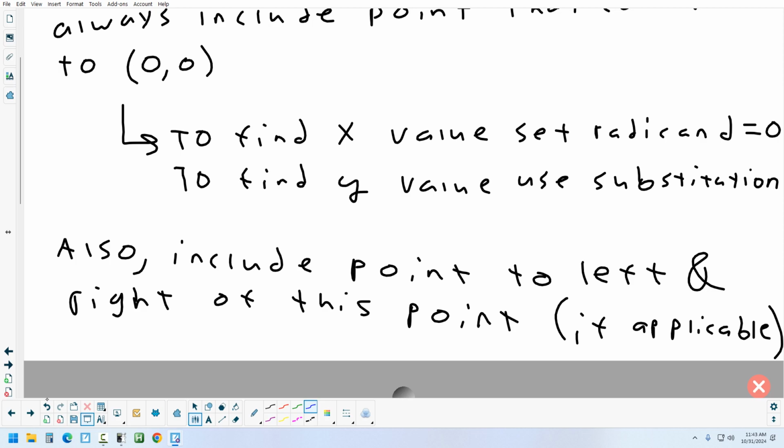If I was doing an even root, would I check points on both sides of the new coordinate that I just found right there? Or would I check points on one side? One side. Okay. The graph for an even root does not go left and right.